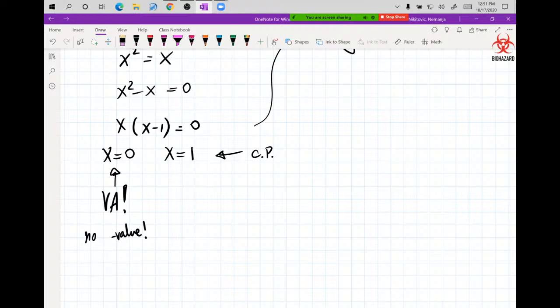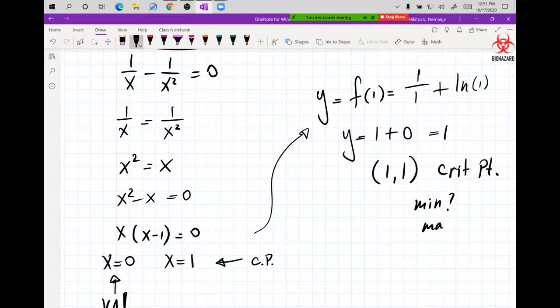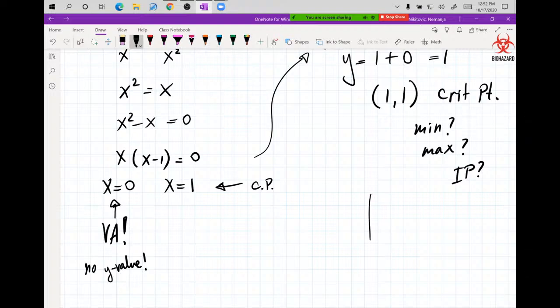That's an amazing observation as well, because the critical point, as you can see, right, we obtained the y value, so critical point, and now I want to know, is it a min? Is it a max? Is it this other thing that we haven't learned yet, right? The inflection point. So what is it? And that I'm going to simply just use my chart of values here, because that's the tool that I have so far.